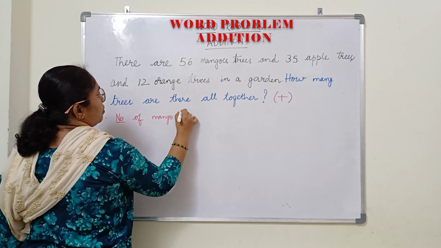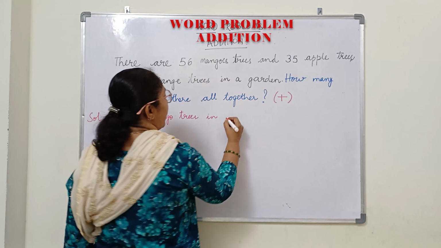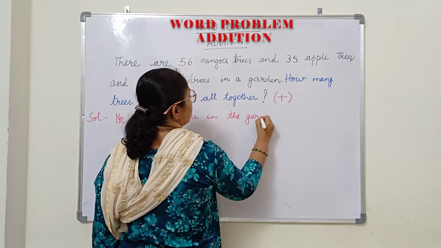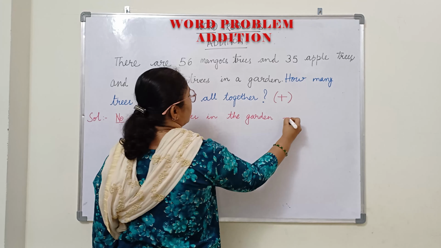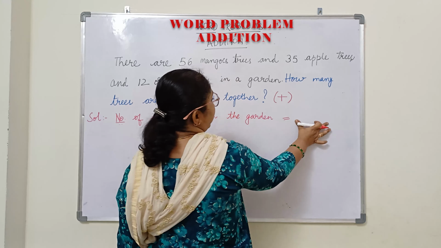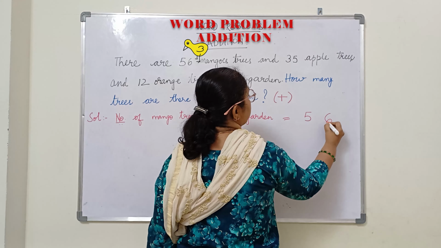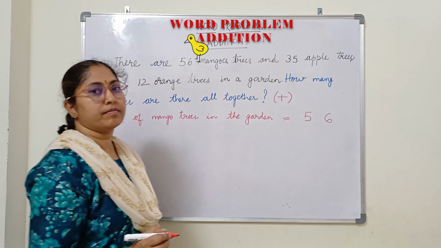Number of mango trees in the garden is equals to, give some gap and write 56 neatly.